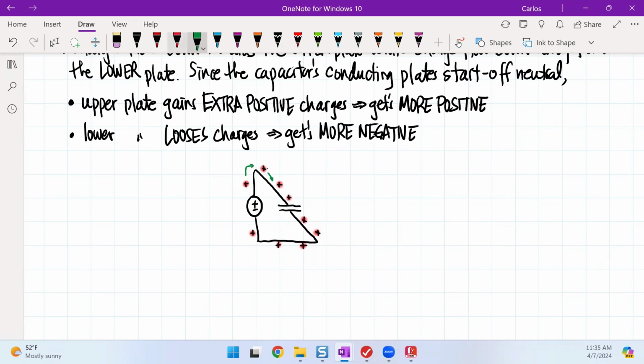I build up positive charges here. And on the other hand, I have less positive charges, so I get negative. So this here is the current in the branch, which means that that's the current of the capacitor.